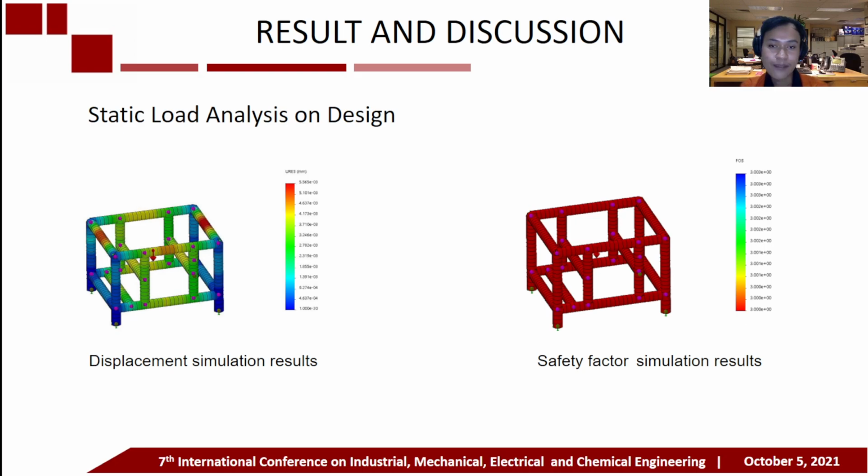Specification and material properties of the frame is from steel. From the simulation result, the minimum safety factor value in the design of the frame is 3. Moreover, it has a maximum displacement value of 5.56 times 10 to the minus 3. So, the design has met safety standard and can be continued to the next stage.